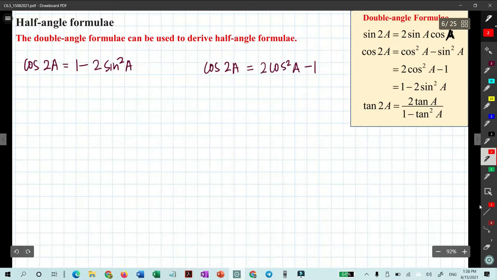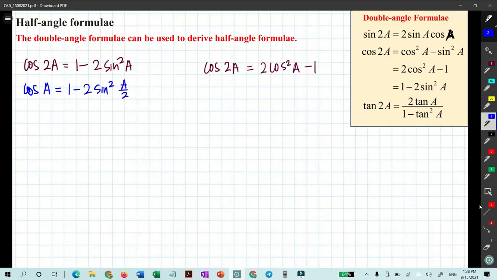and when we substitute a with a over 2, what happens is we will get cos a equals 1 minus 2 sine square a over 2.